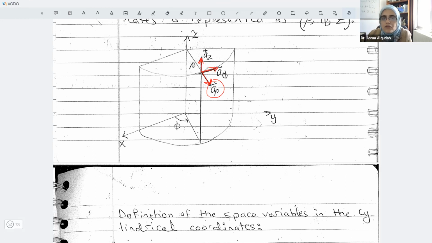Okay, now if we notice here, we can see that the 3 unit vectors are perpendicular to each other. So the cylindrical space is called an orthogonal space, as it happens for the Cartesian space, because all of its axes or coordinates are perpendicular to each other.